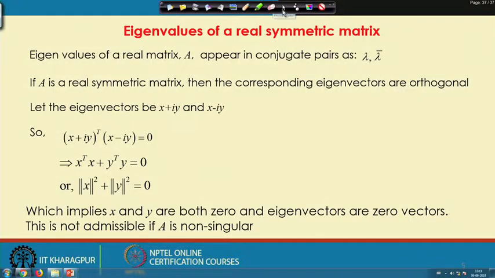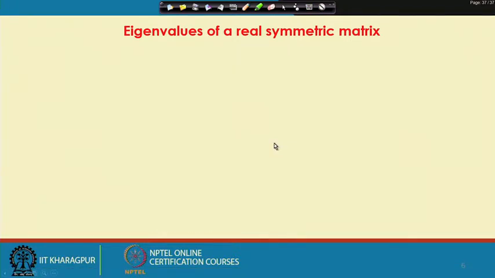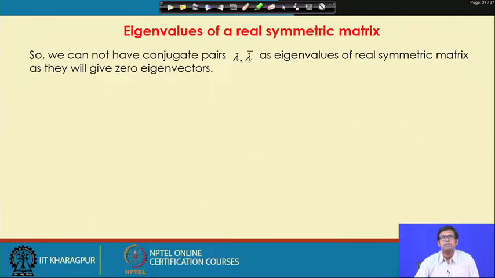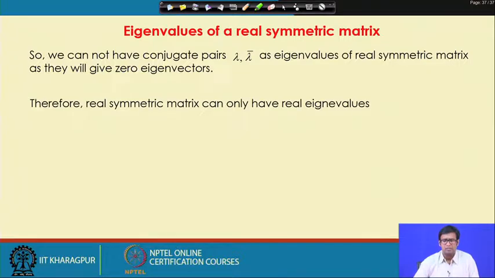So, what we end up with is that we cannot have conjugate pairs lambda and lambda bar as eigenvalues of a real symmetric matrix, as they will give 0 eigenvectors. Therefore, a real symmetric matrix can only have real eigenvalues.